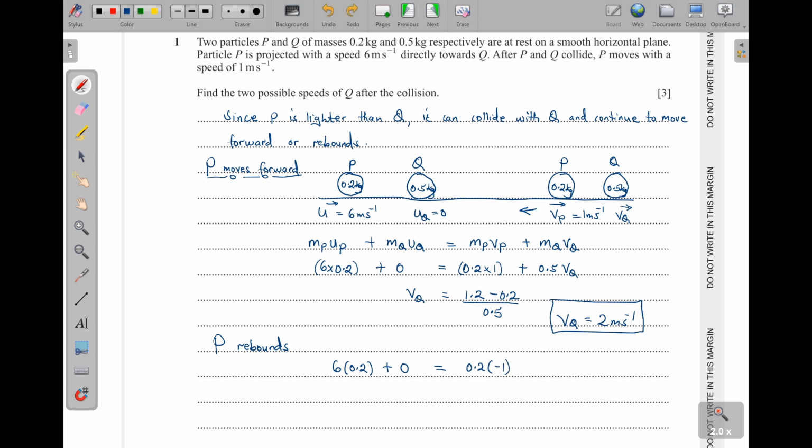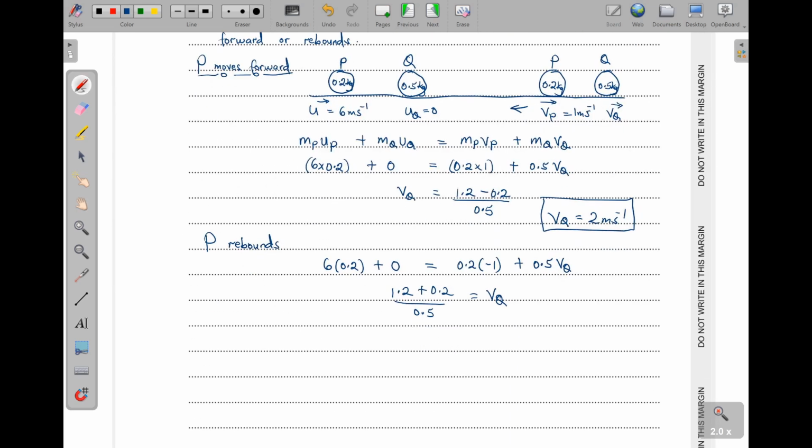Then plus mass of Q, 0.5, times VQ. So we shall have 1.2, then plus, when this one comes this side, it is a plus, so we shall have 0.2, and then divide by 0.5. That will give us the VQ. So 1.2 plus 0.2 is 1.4, then divide by a half, then VQ becomes 2.8 meters per second. As simple as that.